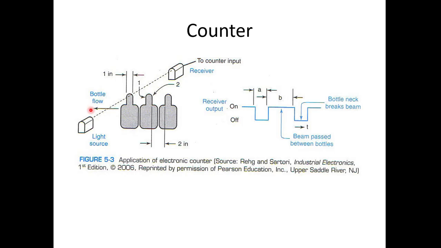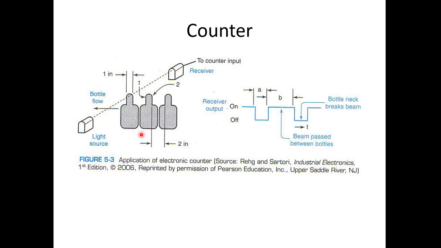As the bottles flow, you want to count how many bottles have passed through this sensor. As a bottle passes through, the sensor will trigger the counter, and that will count the number of bottles that pass through the sensor.